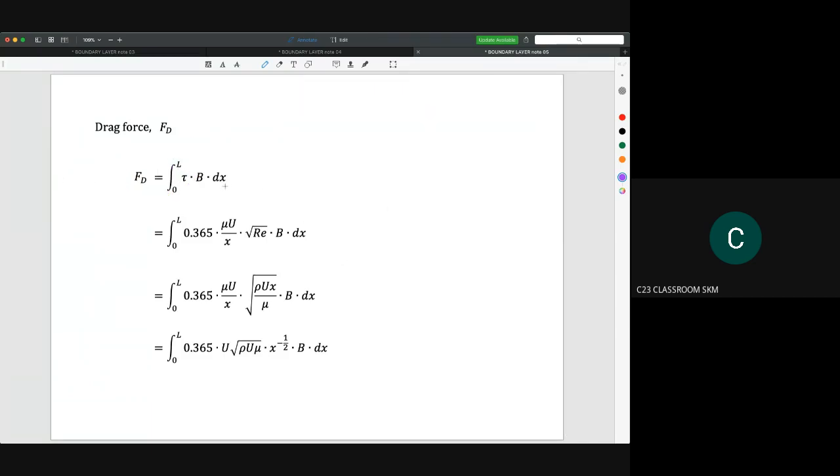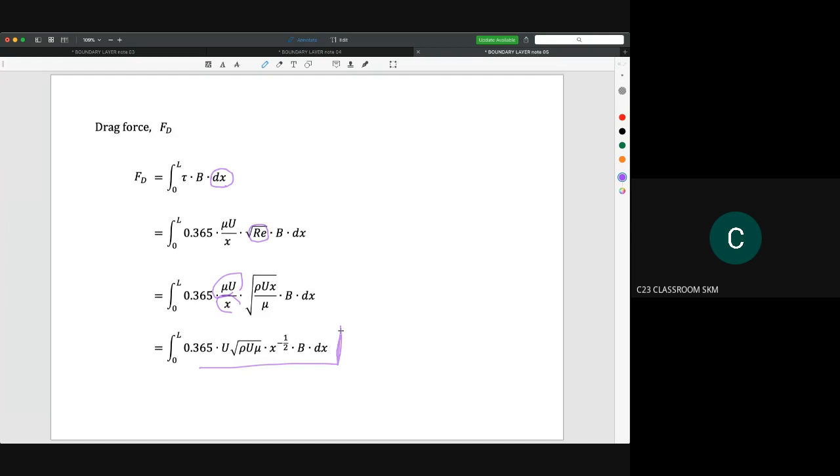Because we are integrating with respect to dx, we need to expand the Reynolds number, so we have rho u x over mu. Then you can simplify this term and so on, and you may get this kind of equation. Please try this at home.